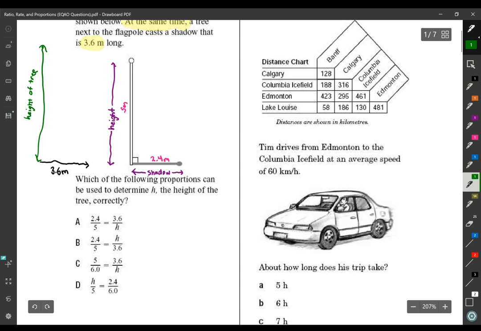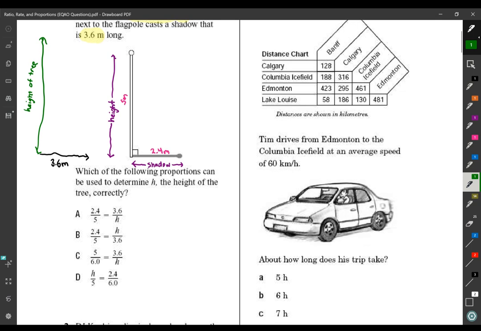Which of the following proportions can be used to determine h, the height of the tree? So we'll say that this is h, the height of the tree. Now remember, when we set up a proportion, we have to have the correct number in the correct position. A proportion is just setting two ratios or two rates equal to each other.